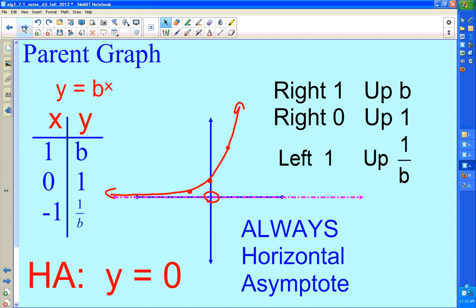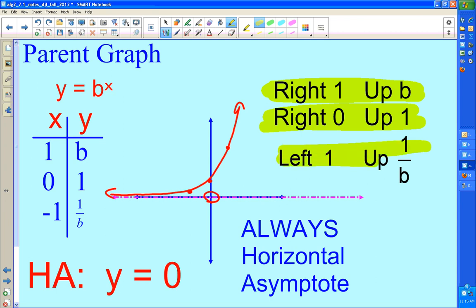Regardless of what b is, it will always go right 1 up b, right 0 up 1, and left 1 up 1 over b.